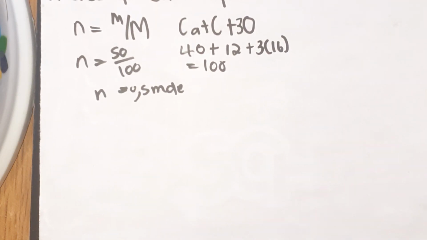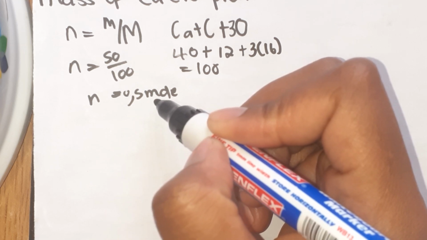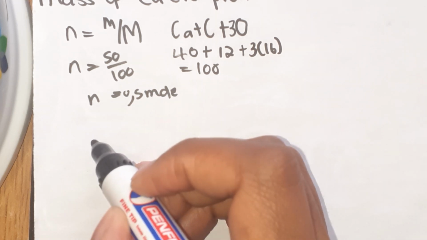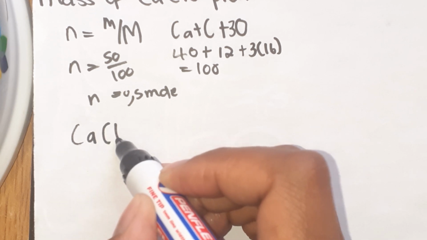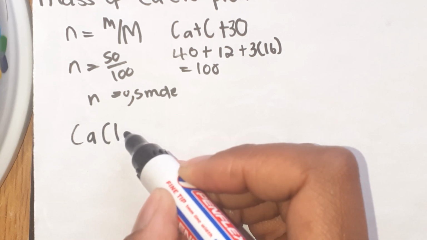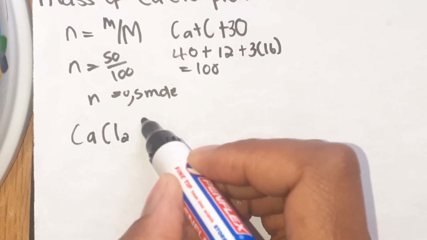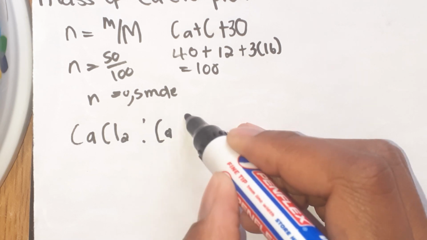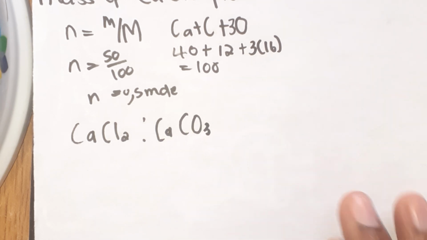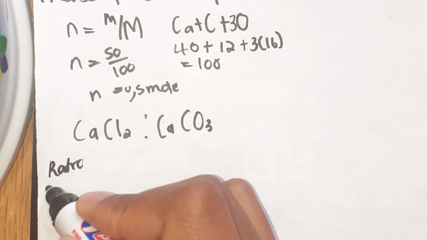Now let's complete this. You have 0.5 mole. Now let's say CaCl2 to CaCO3, the mole ratio.